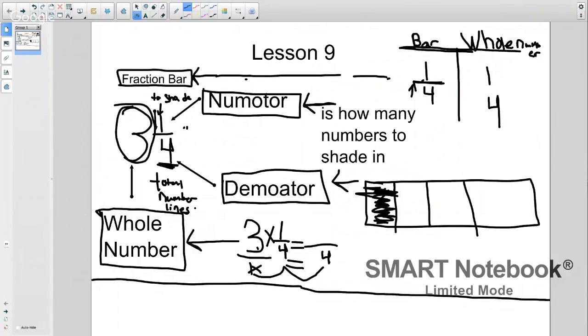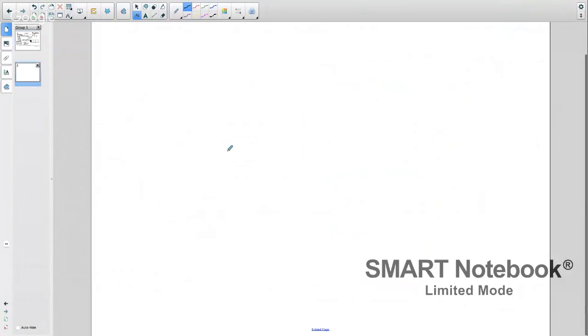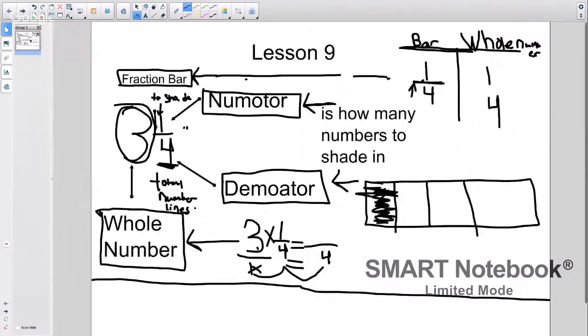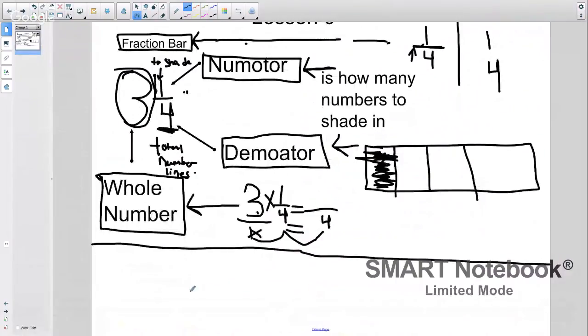Now at the bottom of that, we are going to solve 3 times 1/4 equals, but it has to be the what?